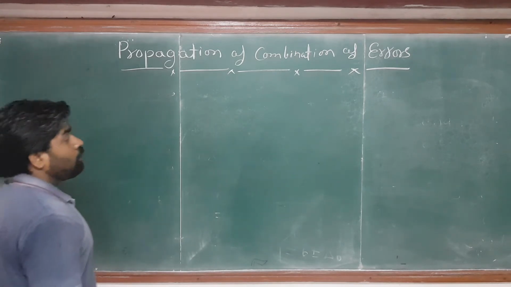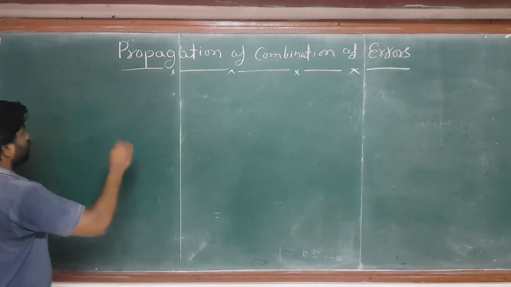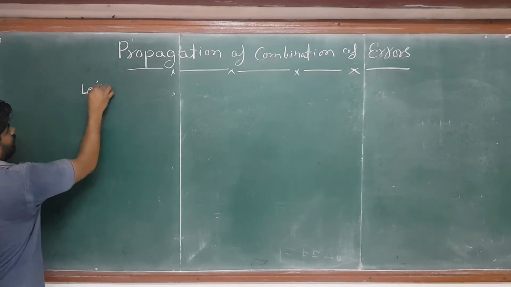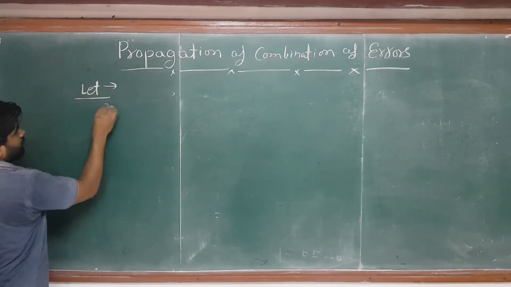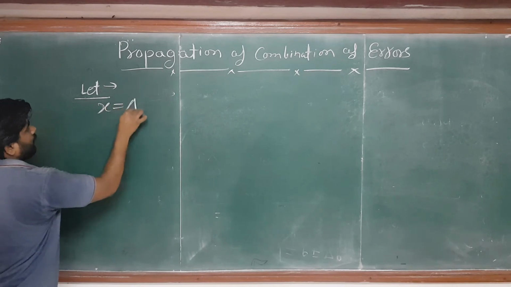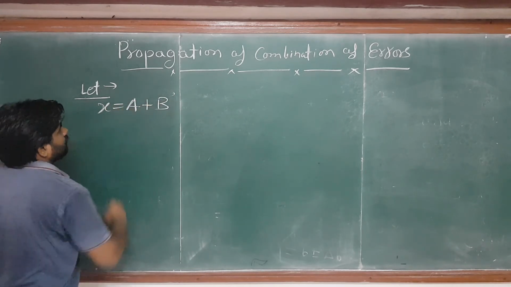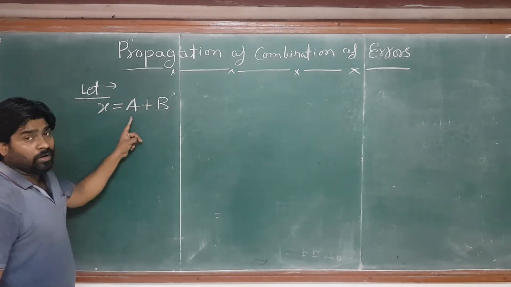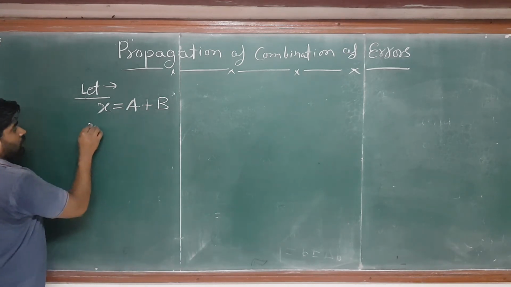So the numericals I am going to do. Let there be an equation x is equal to a plus b. The a is called one quantity, b is called another quantity.